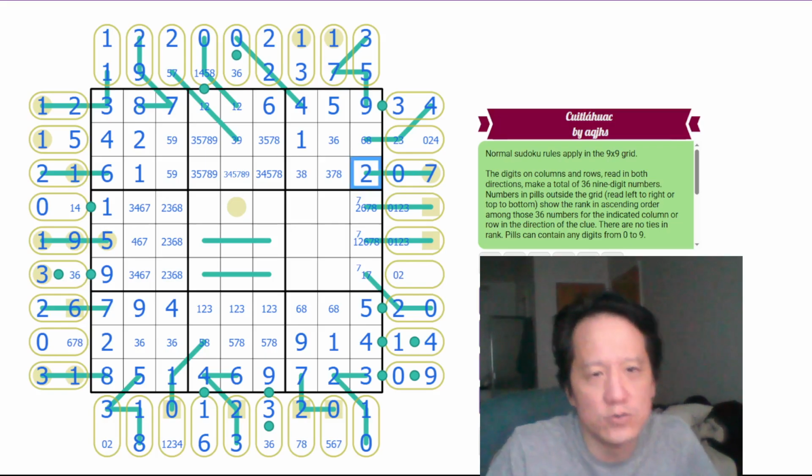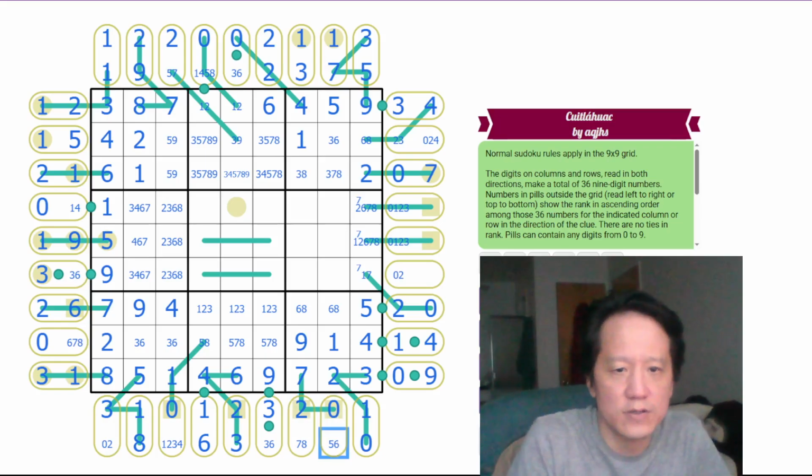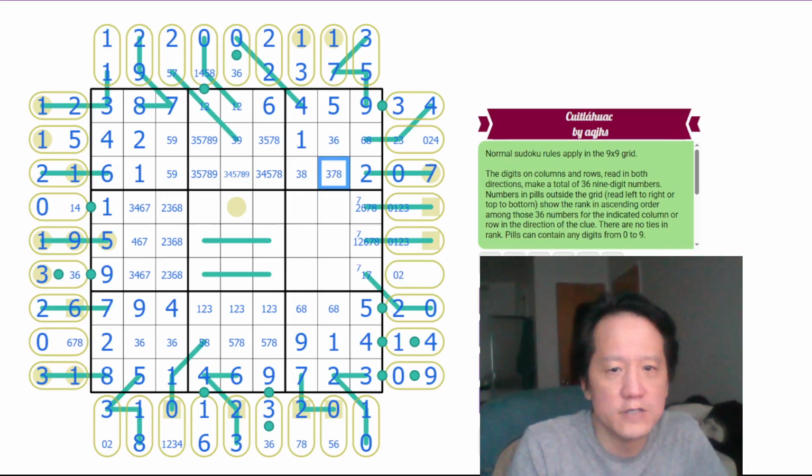This is 07. So this cannot be... Wait, no, it's this one. This can't be 07. Because, yeah, this must be less. 2, 1. This must be less than that, too. So this can't be 07.